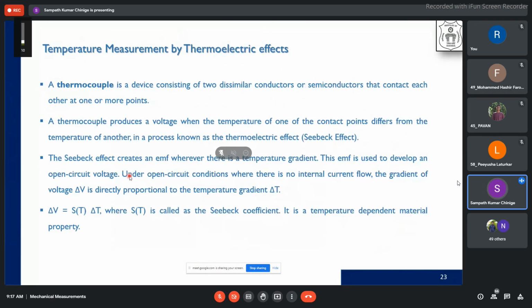So this part we have already discussed, that the delta V, the potential difference of the electromotive force that is developed, is directly proportional to the temperature difference. The more the temperature difference between the junctions, the more the electrical difference. This also depends on a particular property of the material, which is defined here as S of T, the Seebeck effect or Seebeck coefficient.